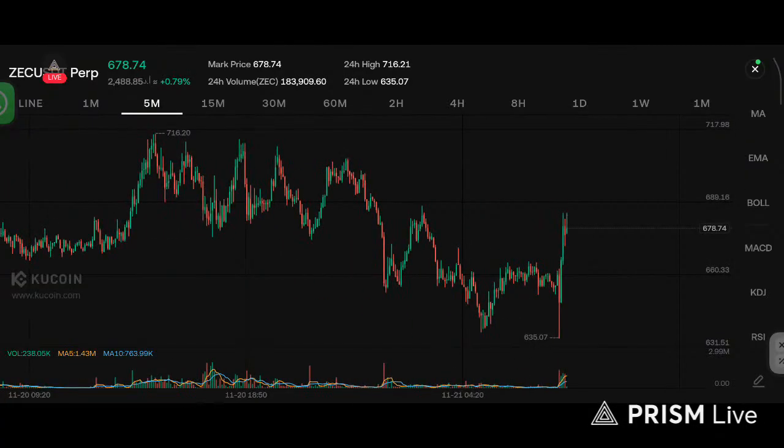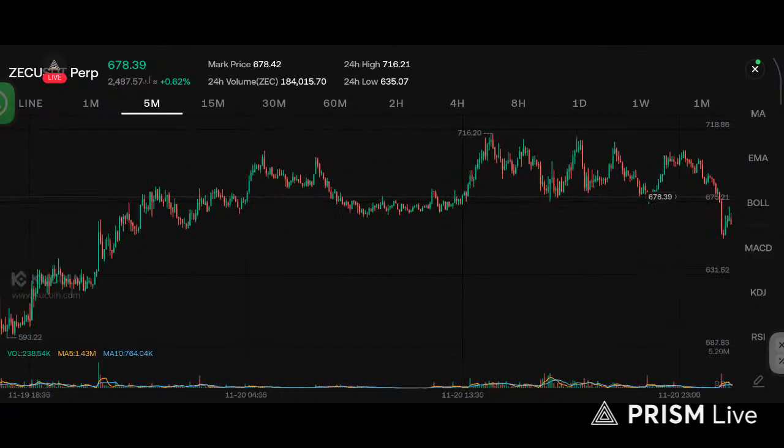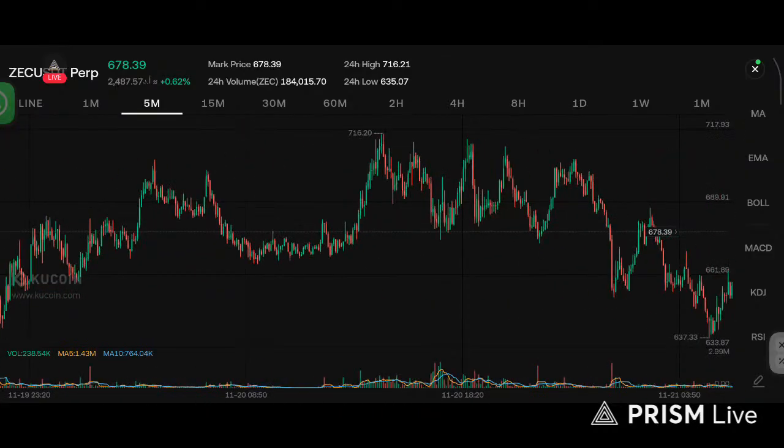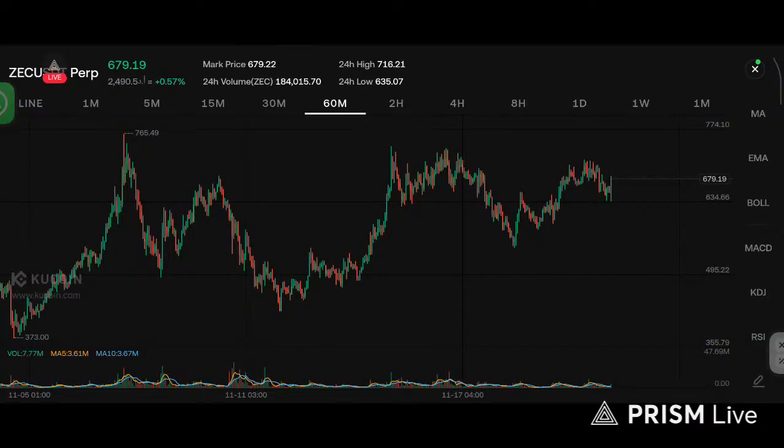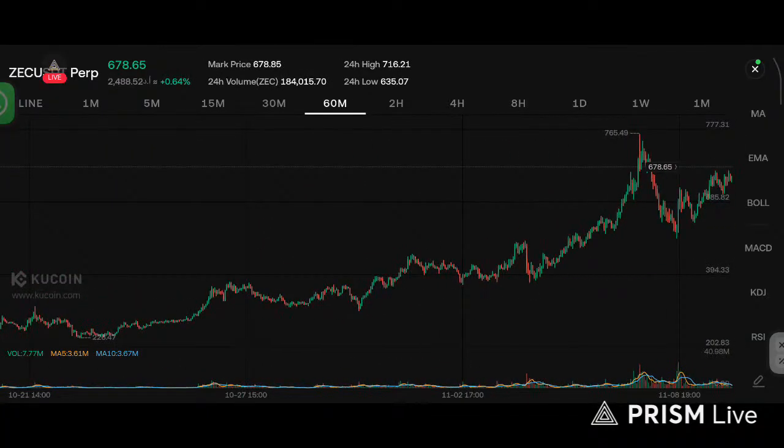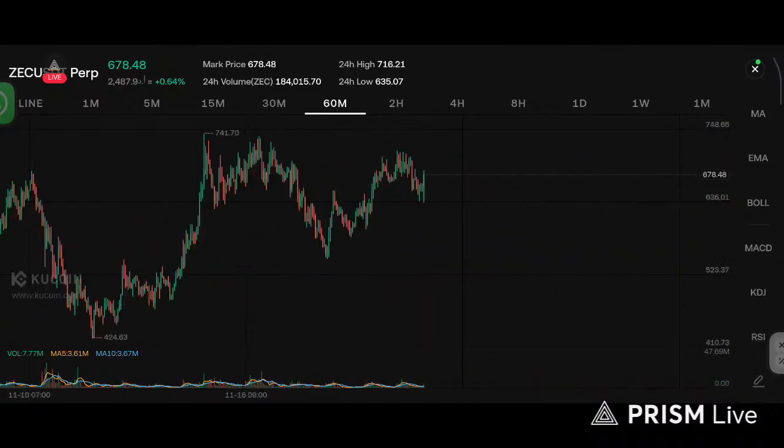This is ZEC USDT. Let's go to the 1 hour time frame.